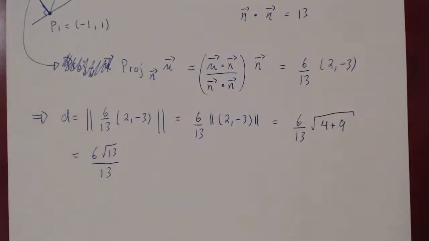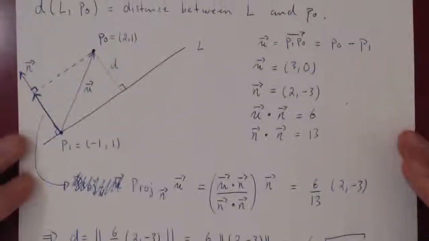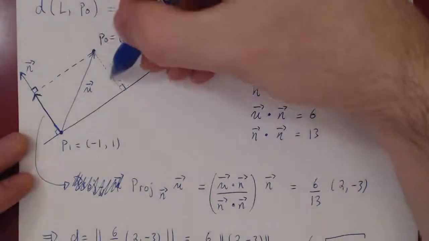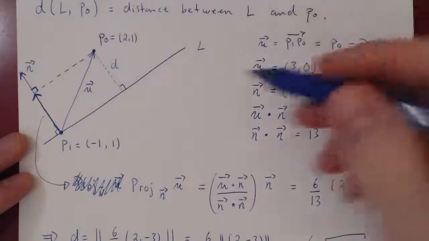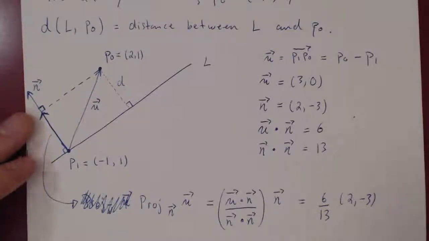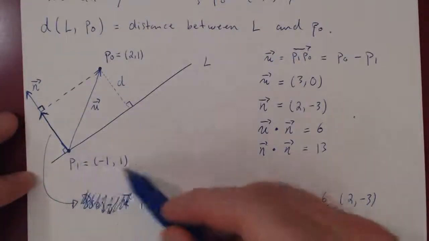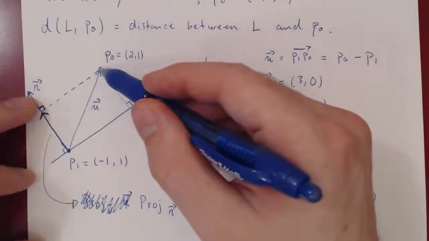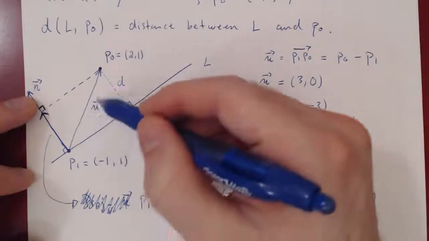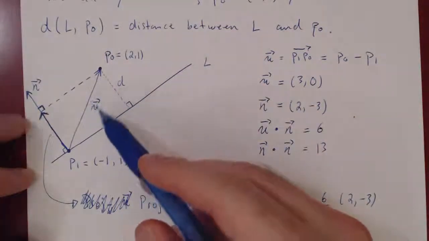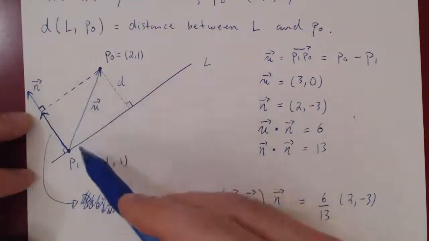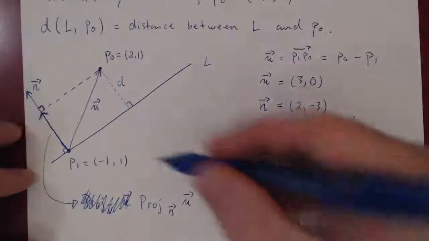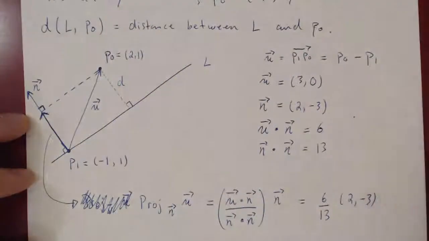So there you have it. The distance between the line L and the point P naught. The length of the line segment connecting point P naught with the line L. And you can see how elegant the solution was. All we had to do was take a point, any point on this line, connect the point P naught with a point on the line, forming vector u, and by projecting u onto the normal vector of the line, we have a vector whose length is the distance.